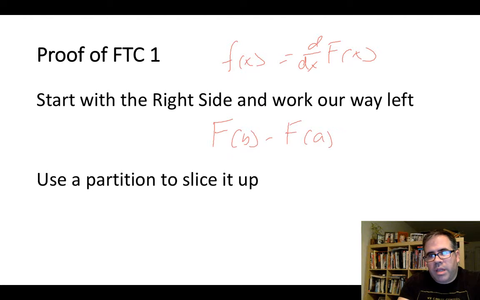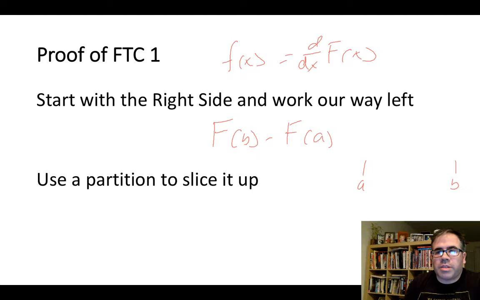So you may remember, and this is a good chance to review, what partitions were. We have A and B. And we introduce a partition because integrals are made of summing over partitions.